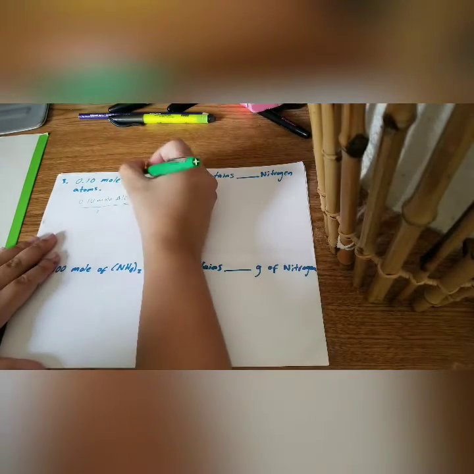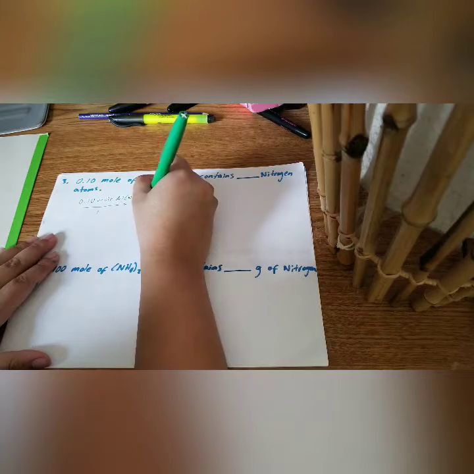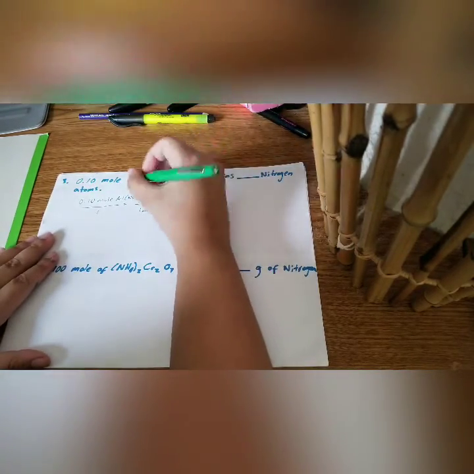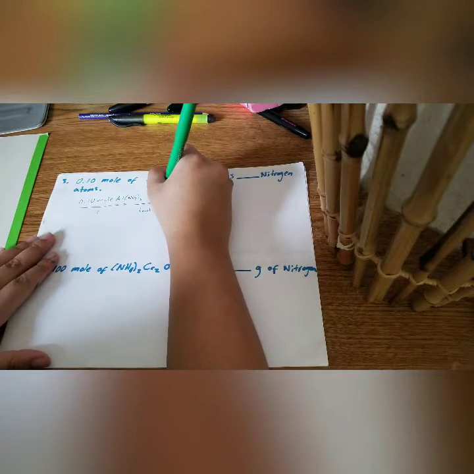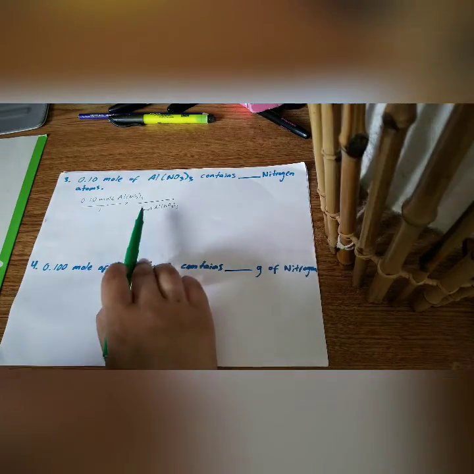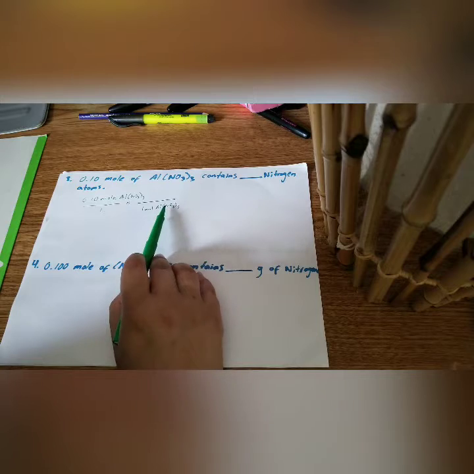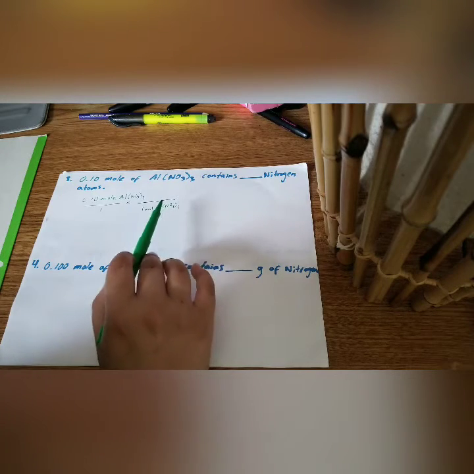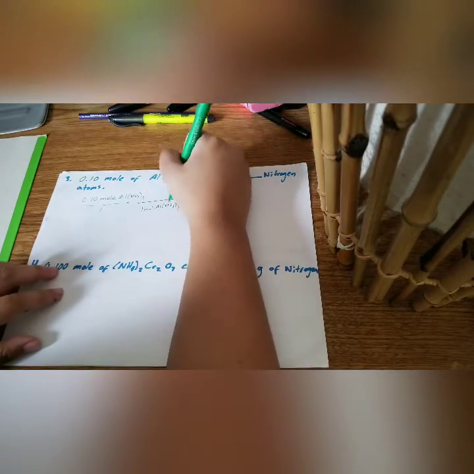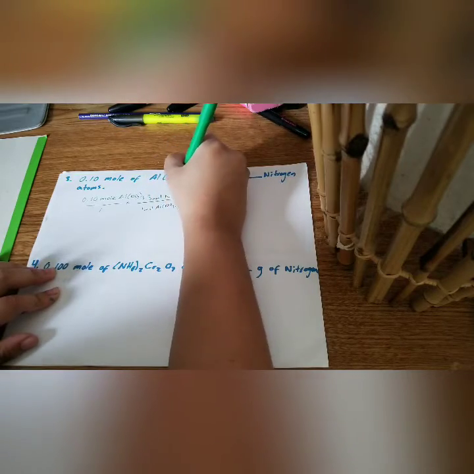And then we know that for 1 mole of aluminum nitrate, you have 3 moles of nitrogen, because there are 3 nitrogens in this compound. So for every 1 mole of aluminum nitrate, there are 3 moles of nitrogen.